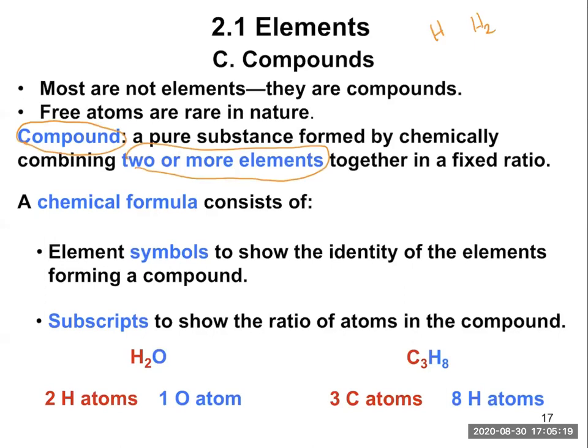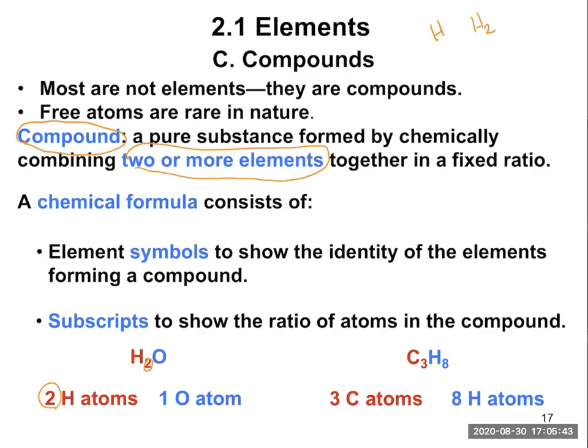A chemical formula consists of element symbols to show the identity of each element forming a compound. The subscript that you see here indicates that you have two hydrogens. So every time you have a ratio of 2 hydrogen to 1 oxygen, it means that you have water.